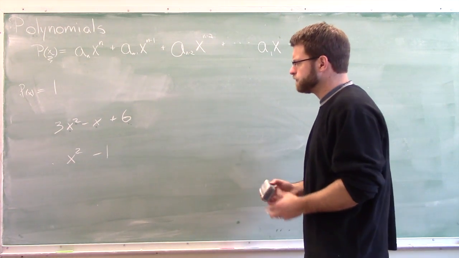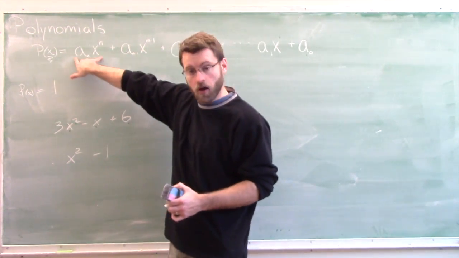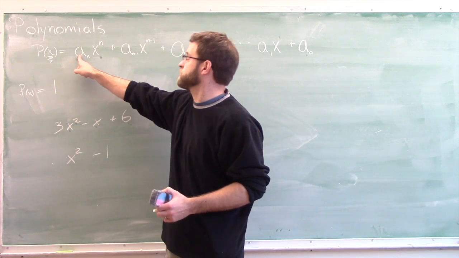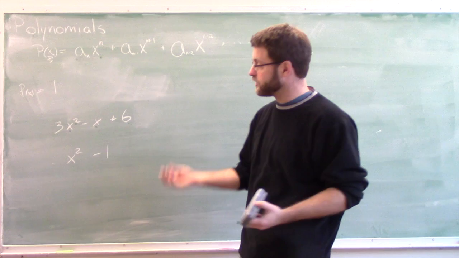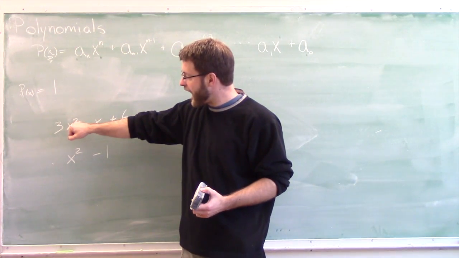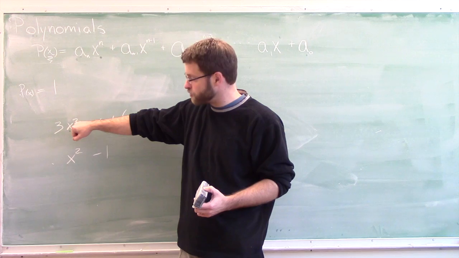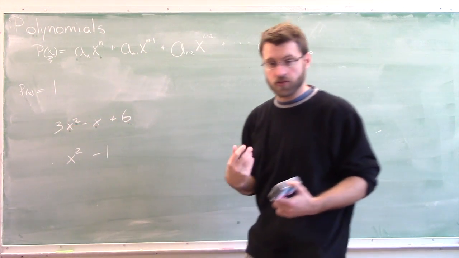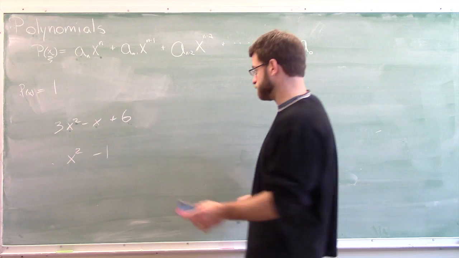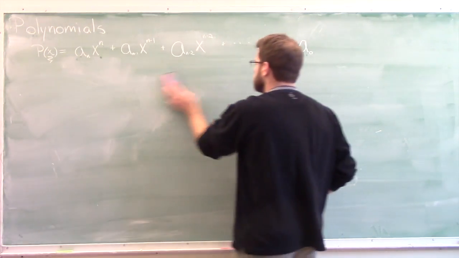All right, so we have the polynomials, the terms of the polynomial, the coefficients of the polynomial, and we have this word called the degree of the polynomial, which refers to the highest order term that appears. So the highest exponent that we see on the variable x, that's called the degree of the polynomial.